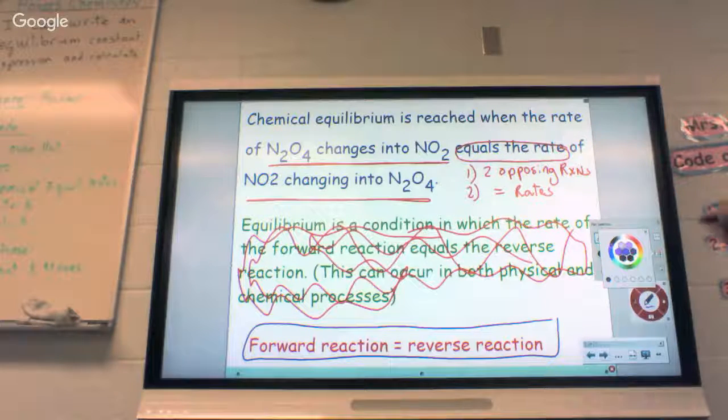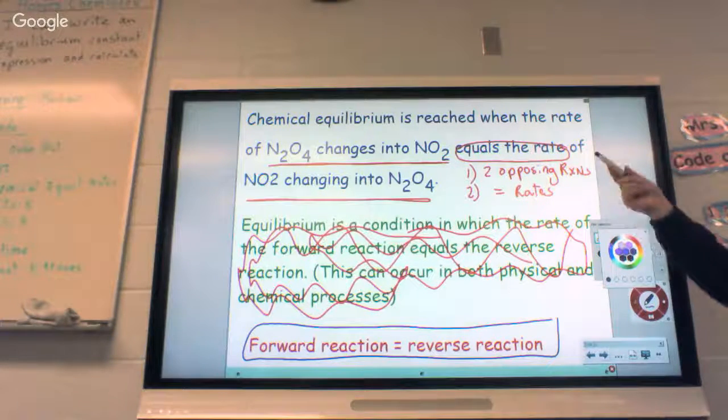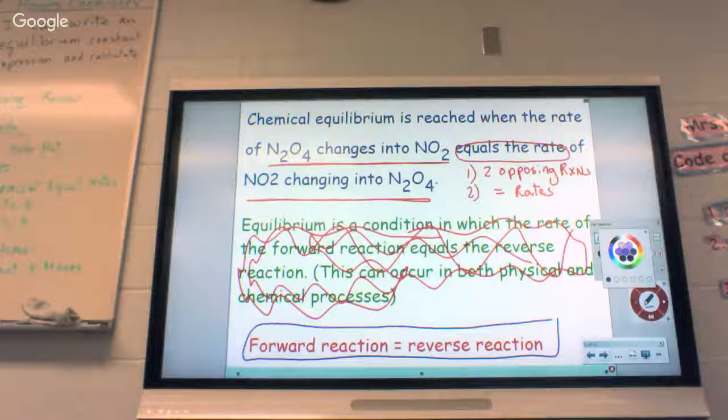So, can I go back to the previous board? Hurry up. So if we look at the top, we said the rate in which N2O4 changes into NO2 has to equal the rate NO2 changes into N2O4, right?